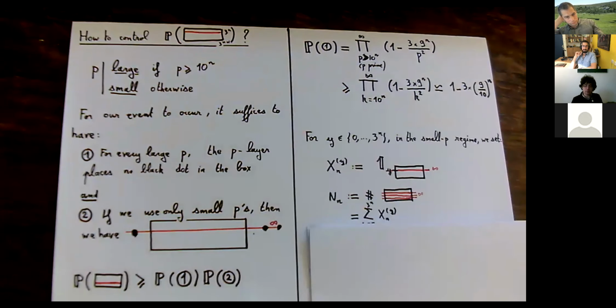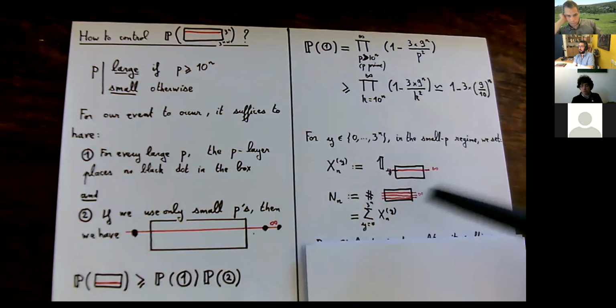Now we need to control the probability of the event number 2. To do so, for every y between 0 and 3 to the n, we introduce the following random variables. So we work in the small p regime. So in what comes next, we use only small p's to define the coloring.